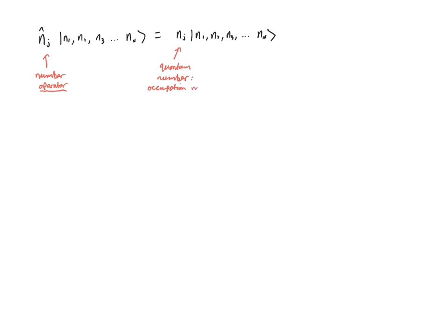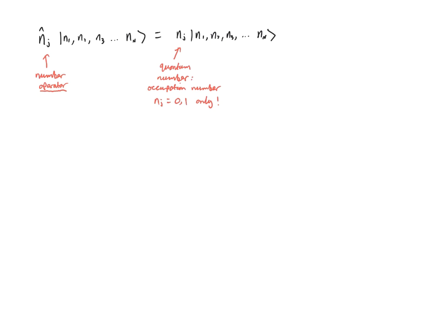It's just a number, not an operator. So you see that nj hat is an operator, nj is the eigenvalue. This is an eigenvalue equation, and we see that these states are eigenstates of the number operators.